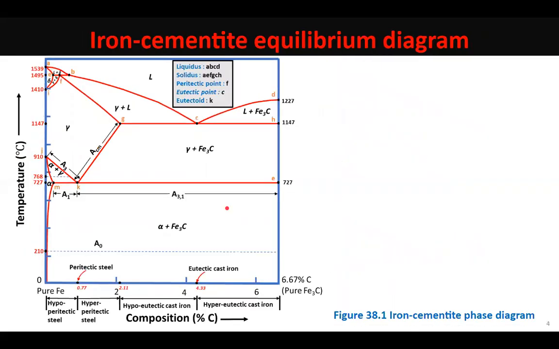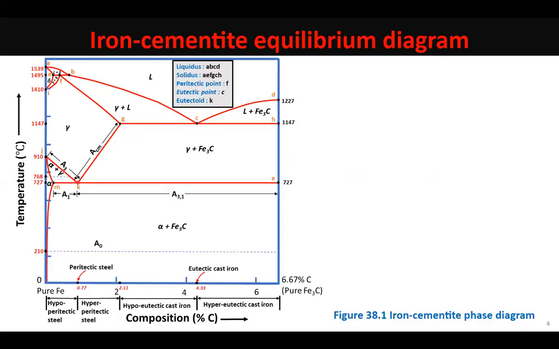Interestingly, in this diagram, A, B, C, D shows the liquidus line. Then we have also marked the solidus line, and importantly these 3 points: peritectic point, eutectic point, and the eutectoid point.